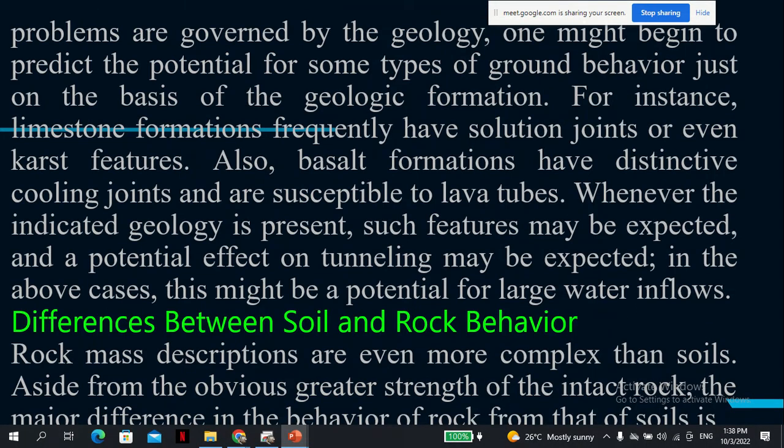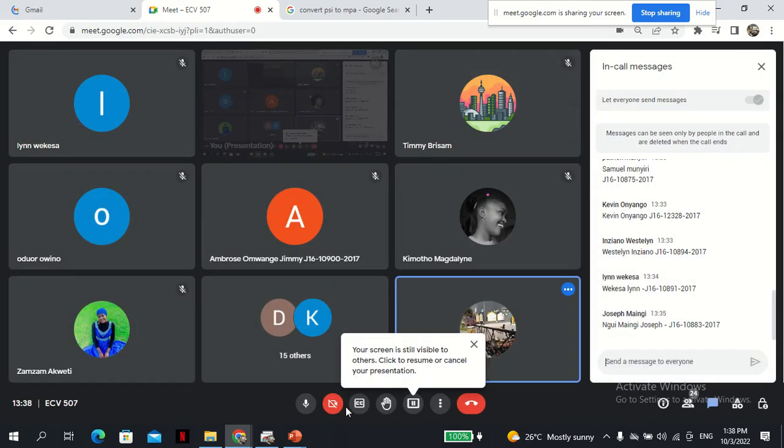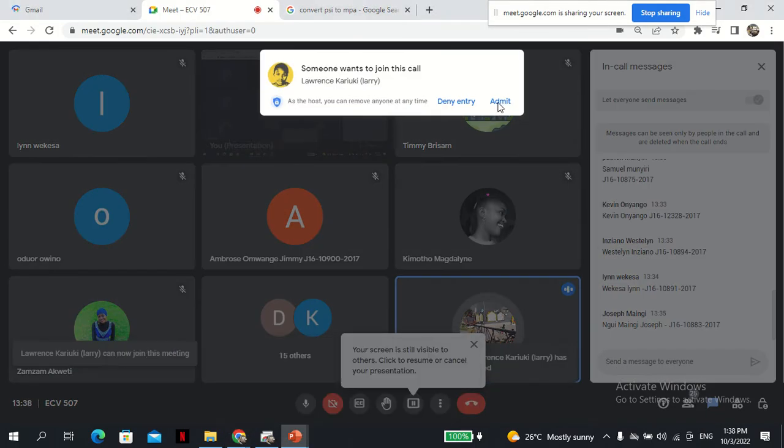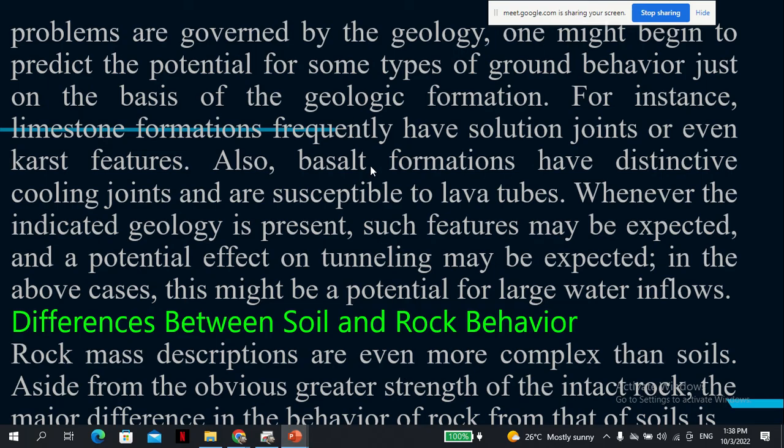The tunnel problems are governed by geology. I think we cannot stress this enough. One might begin to predict the potential for some types of ground behavior just on the basis of geologic formation.